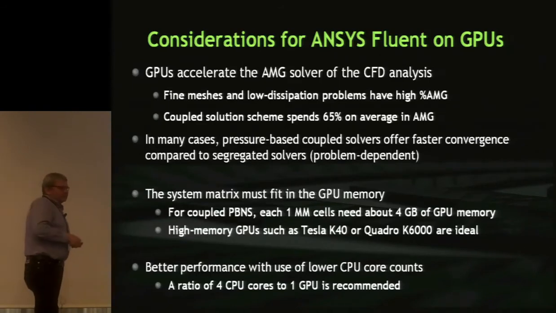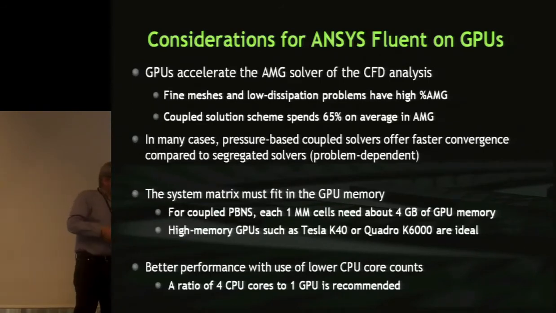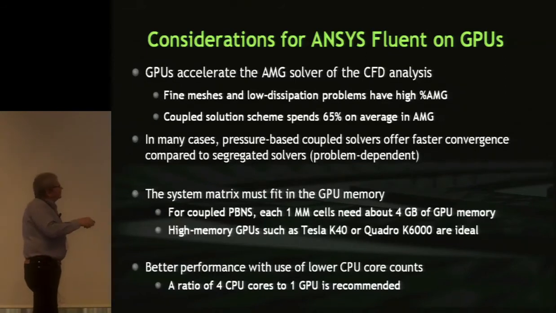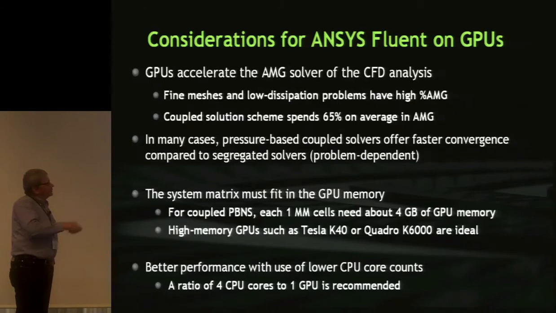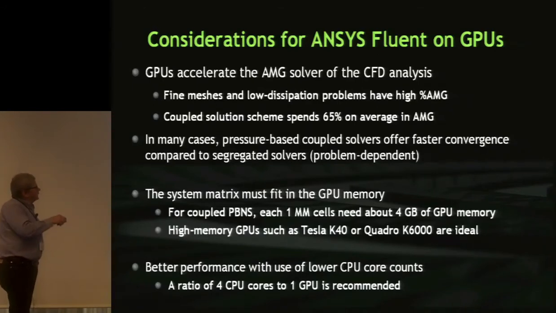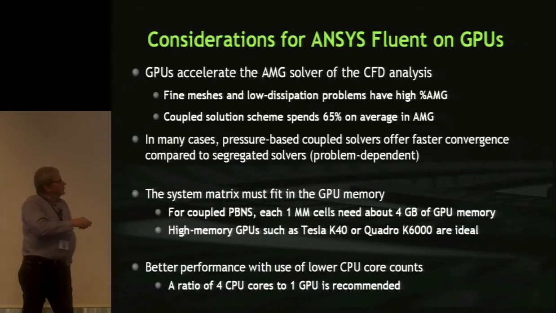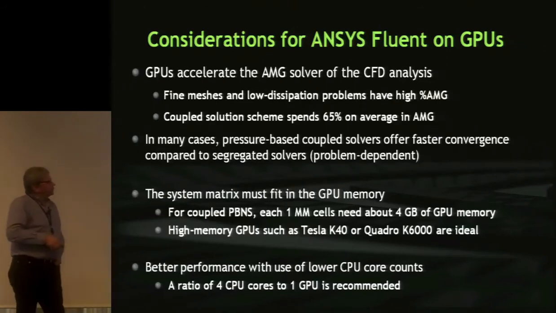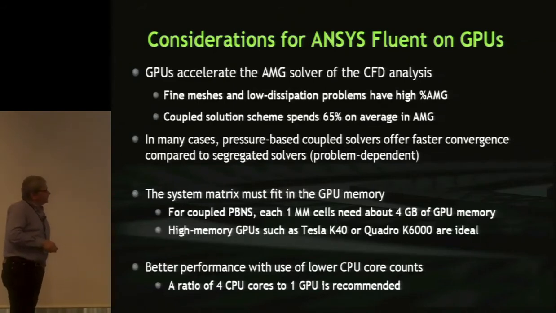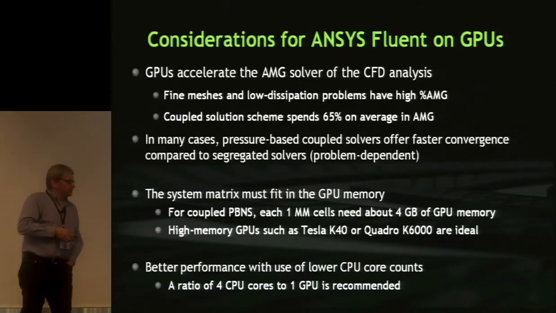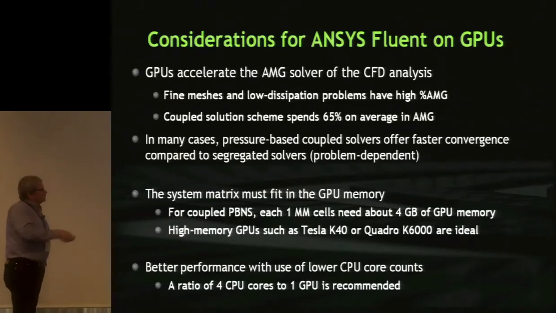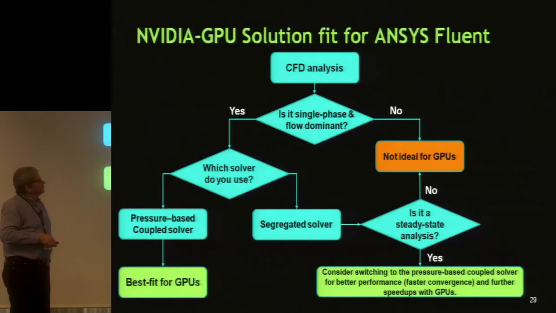The system matrix must fit into the GPU memory. Each 1 million cells need about 4 GB of GPU memory. High memory GPUs such as Tesla K40 or Quadro K6000 are better suited because they have 12 GB of GDDR5 memory. Better performance with a lower CPU count, so a ratio of 4 CPU cores to 1 GPU is recommended, but it's very often problem dependent.